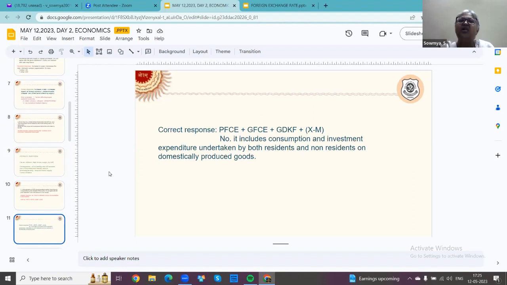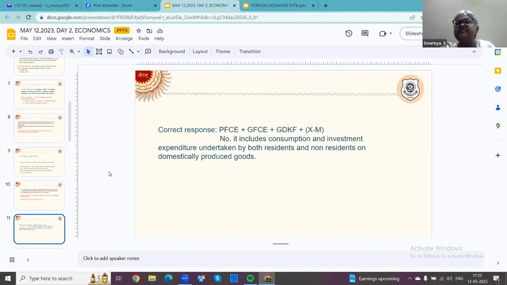That's it. In between, of course, they can elaborate a little bit about what PFC, GFC, GDKF, X and M stand for, and in that process they will arrive at this answer. So the key is both the residents and the non-residents spend on the domestically produced goods.